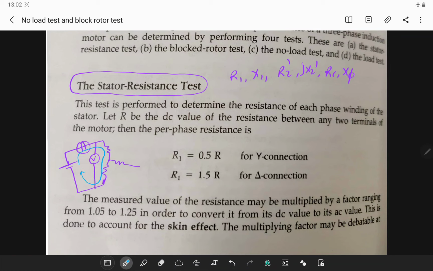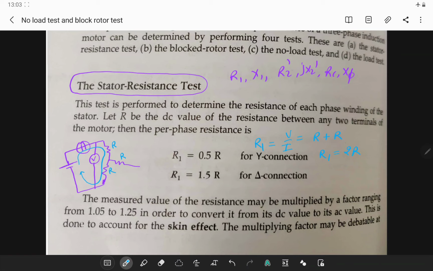Suppose R phase winding resistance is R, B phase R, C phase R. The current is flowing in R phase and B phase. So V upon I, that is the reading of multimeter, or voltage upon current, is giving the value of R plus R. So this will be 2R.